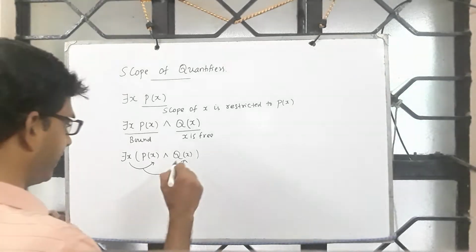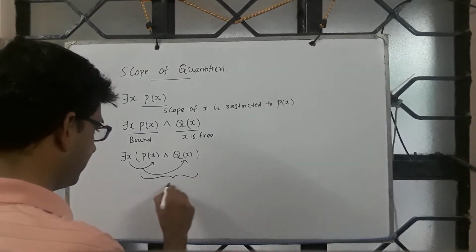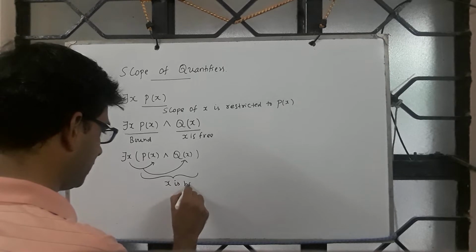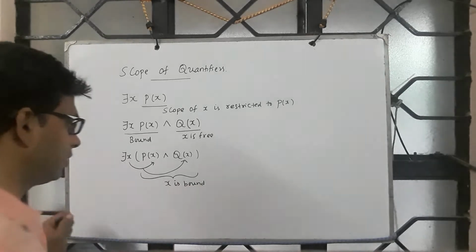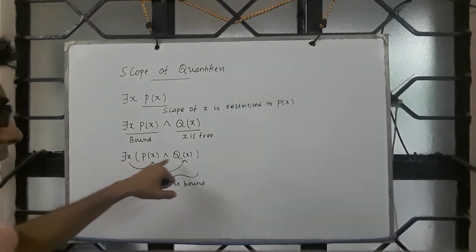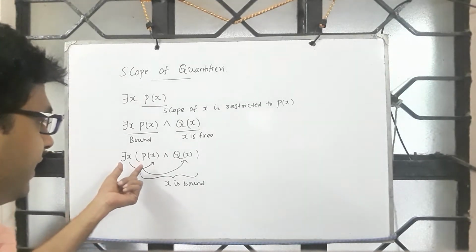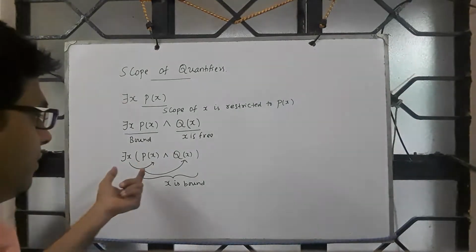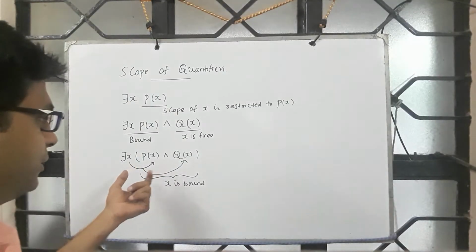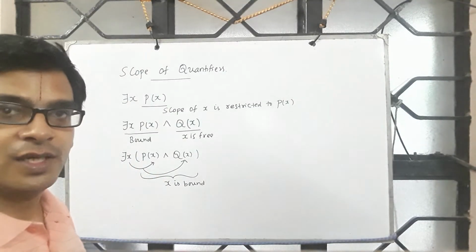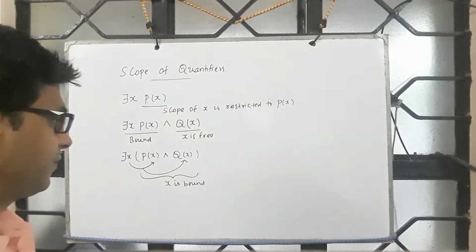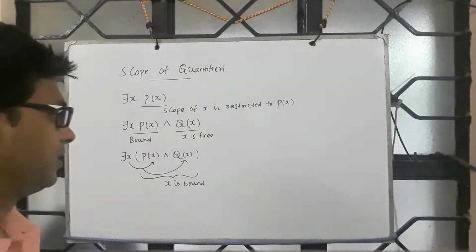So in this, x is bound to both p and q. While writing predicates and quantifiers, one has to be careful about which part of the expression the variable we have chosen, x or y, is active.